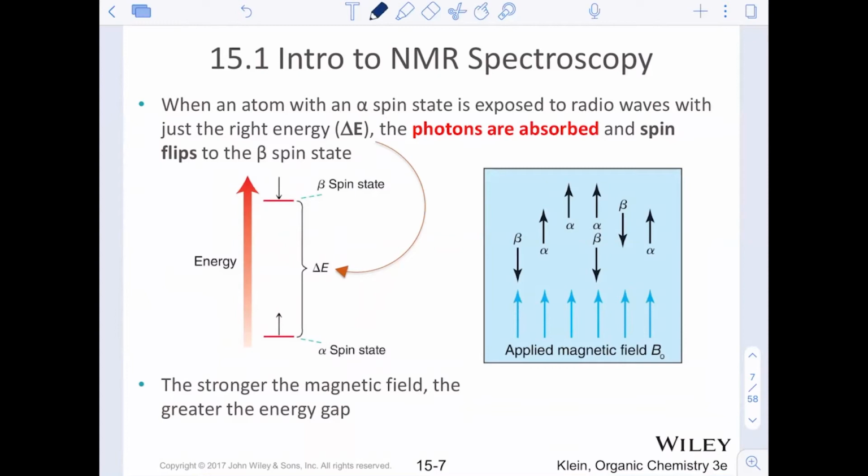Now that change in energy is going to be right around the change in energy of radio waves. And so we can talk about the photons being absorbed to flip and spin the alpha to the beta spin states.